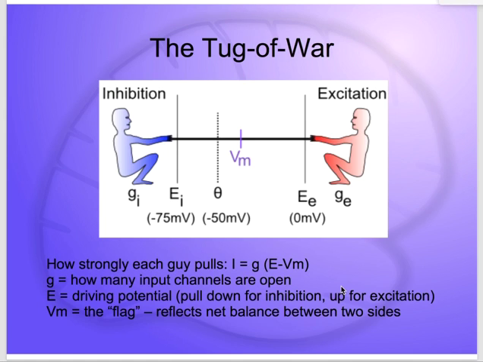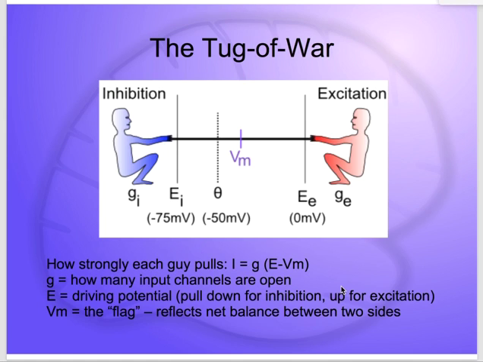A couple of other things that are important in here is that you can think of an equation, I equals G times (E minus V sub m), and that describes how strongly each guy pulls. G is basically the conductance, or the number of open channels that allow ions to flow into the cell.